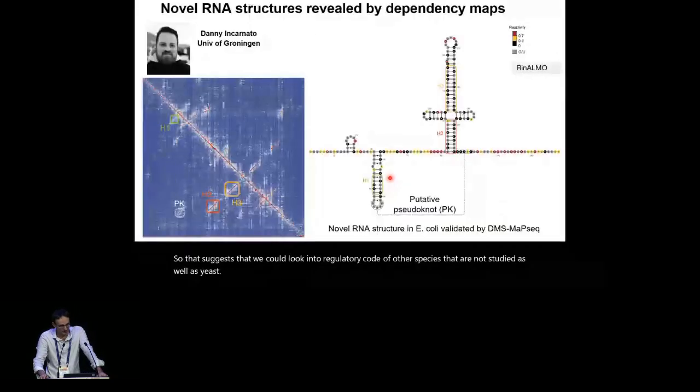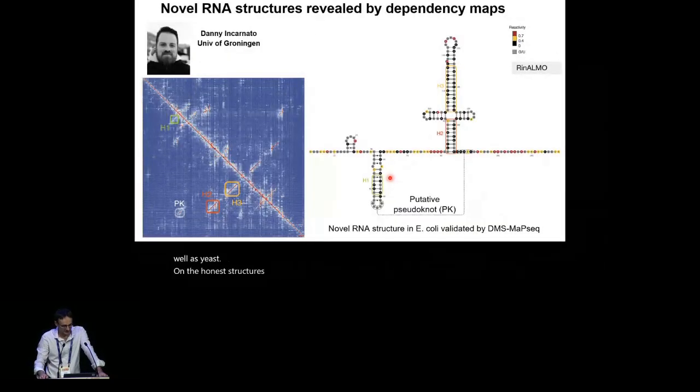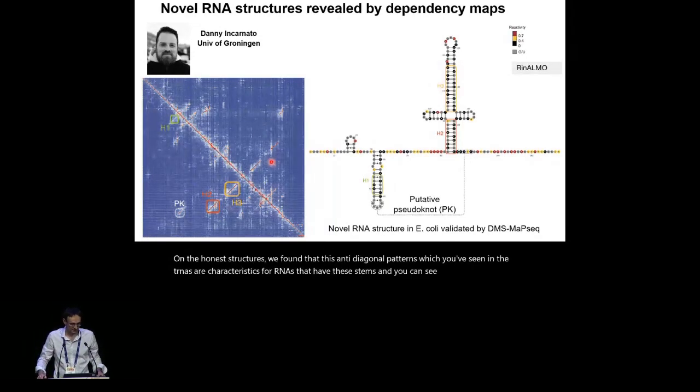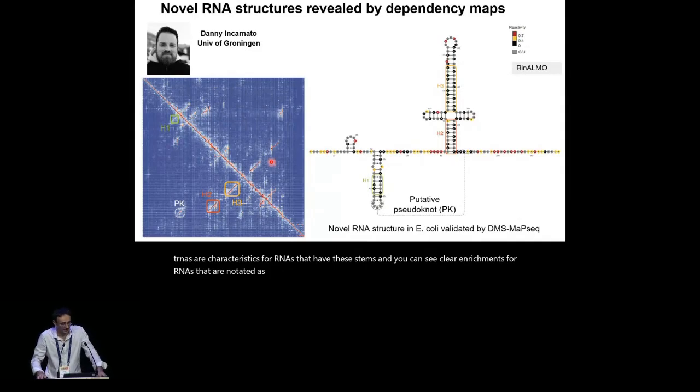On the RNA structures, we found that these anti-diagonal patterns, which you've seen in the tRNAs, are characteristic for RNAs that have these stems. And you can see clear enrichments for RNAs that are annotated as structural. We collaborated with Danny Incarnato, who can probe in cells, and he did that in E. coli, whether an RNA is folded or not, at which positions it's folded.